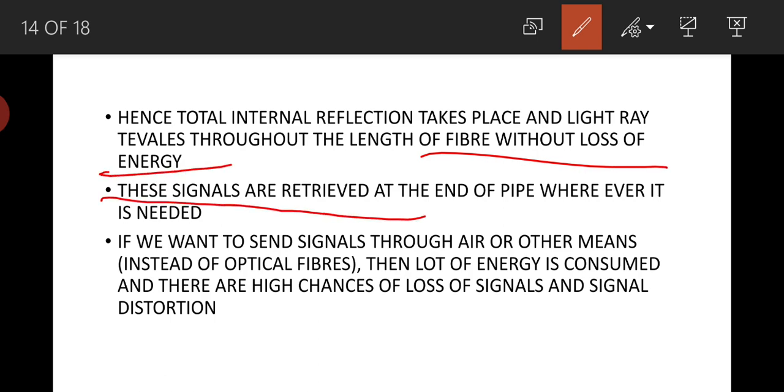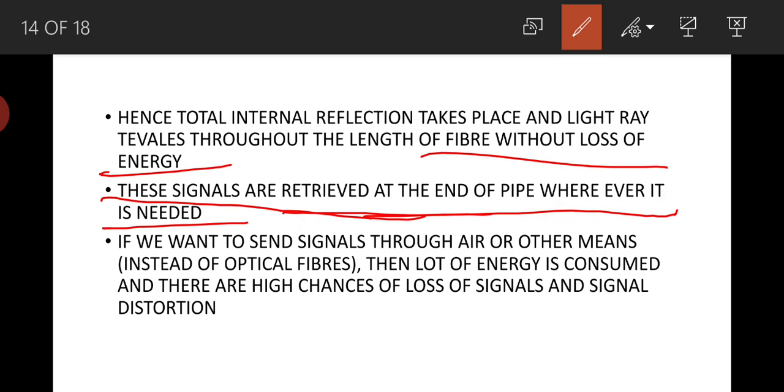These signals are retrieved at the end of the pipe wherever it is needed. Whatever they may be, communication signals, internet signals or mobile call signals, all these signals will be retrieved. It means they will be decoded at the end of the pipe, at the end of the optical fiber.